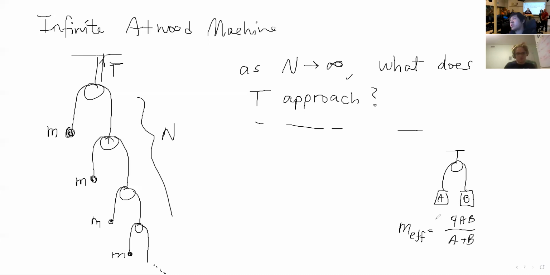Infinite pulleys on both sides would equal out to T equals mg. Well, okay, actually, I can talk about pulleys on both sides right now, because if there are pulleys on both sides, then the entire system is in equilibrium, right? Which means the effective mass is equal to the actual mass, and that's actually going to go to infinity.